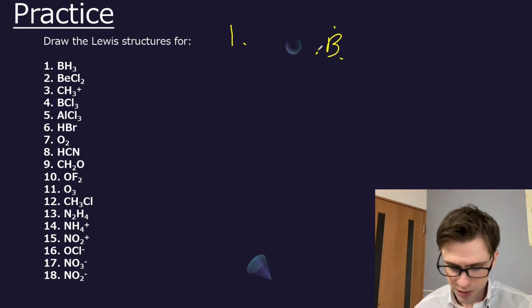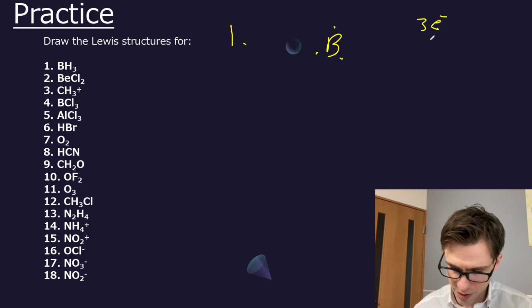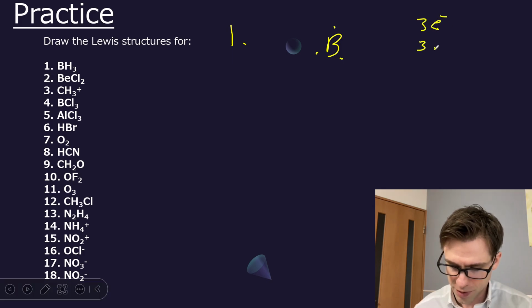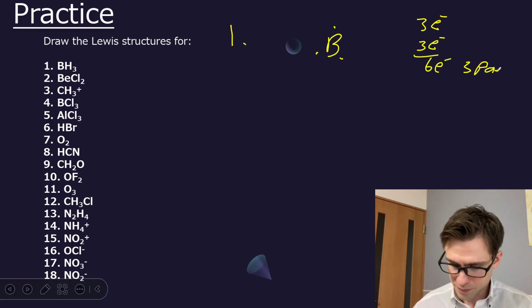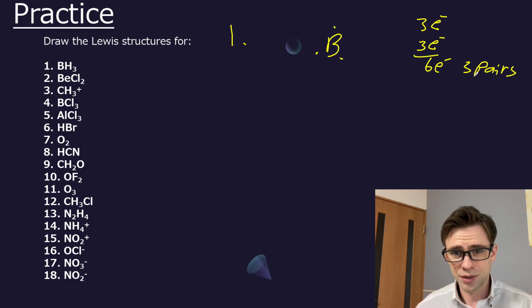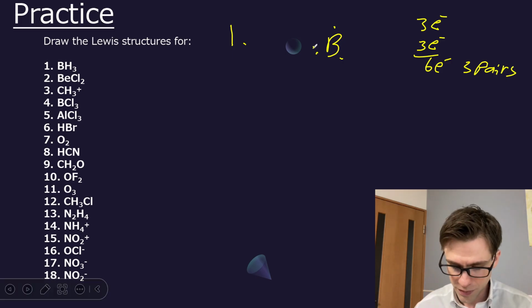If you look at the total electrons we have here, we've got 3 for boron and 1 from each hydrogen, which is 6, so 3 pairs. It's impossible to make an octet on boron in this structure. So if that rule needs to be broken, break it.